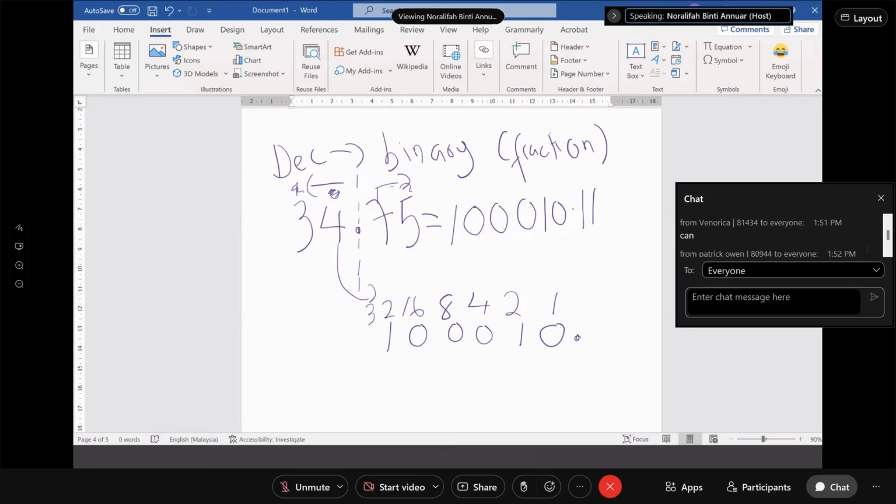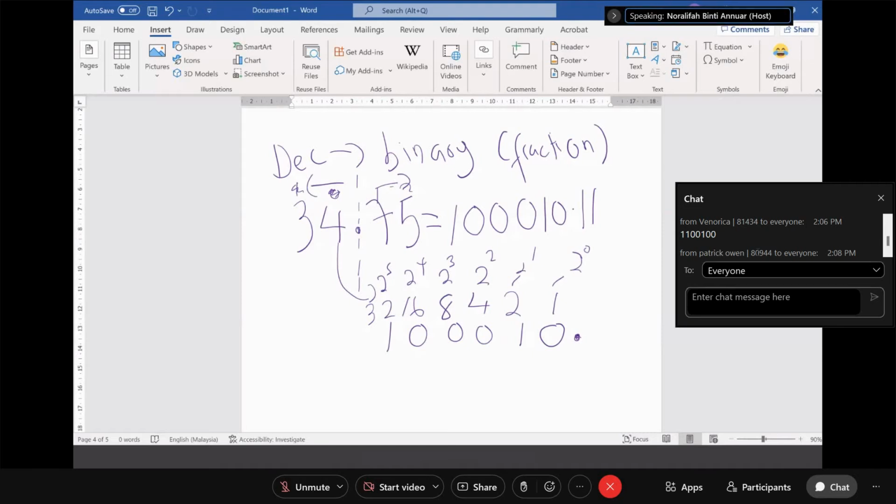Okay, ada titik perpuluhan, you belum dapat lagi answer ni. How you get 32, 8, 4, 2, 1 adalah to the power of position dia 0, 1, 2, 3, 4, and 5. And then you match the value 32 plus 2. Yang ini you kena kira sendiri.